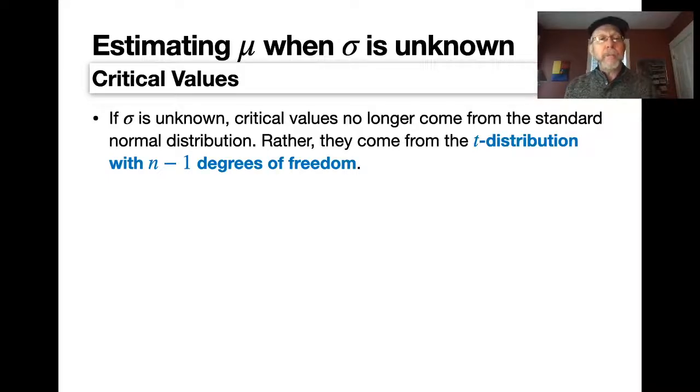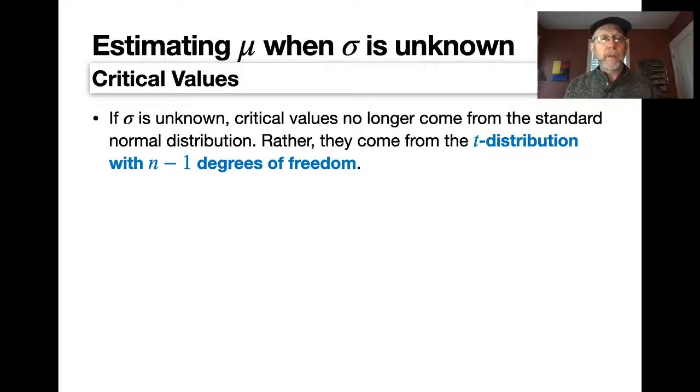There's this concept of the degrees of freedom for a t-distribution. In our work, the degrees of freedom will always be one less than the sample size of our data. So we'll always be using t-distributions with n-1 degrees of freedom, where n is the number of observations in our sample data.